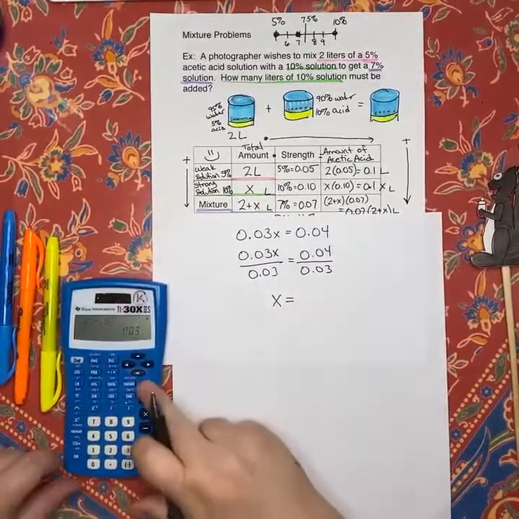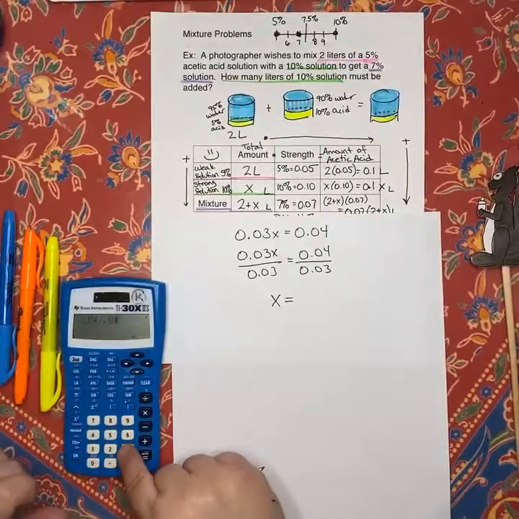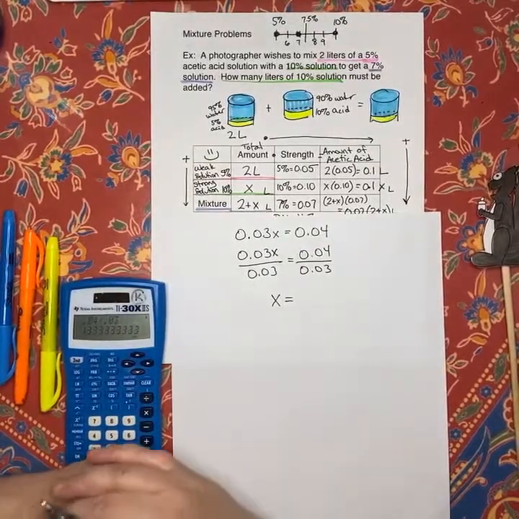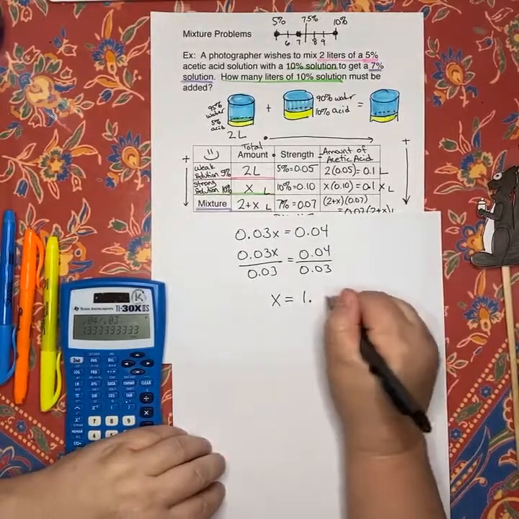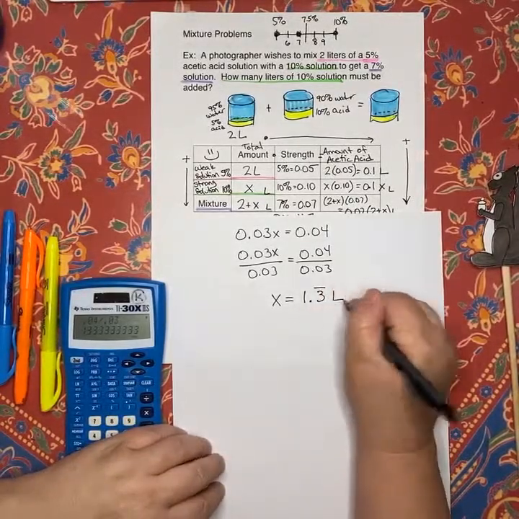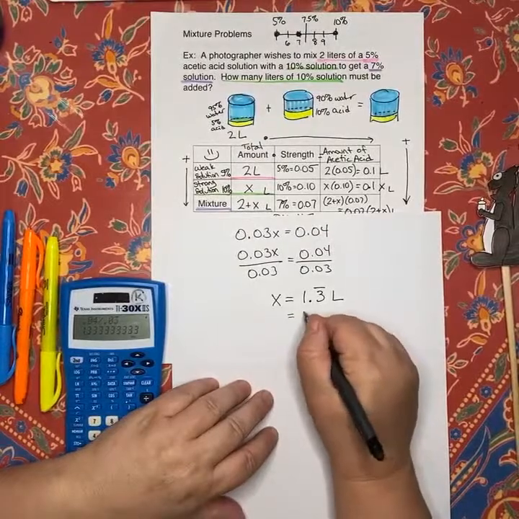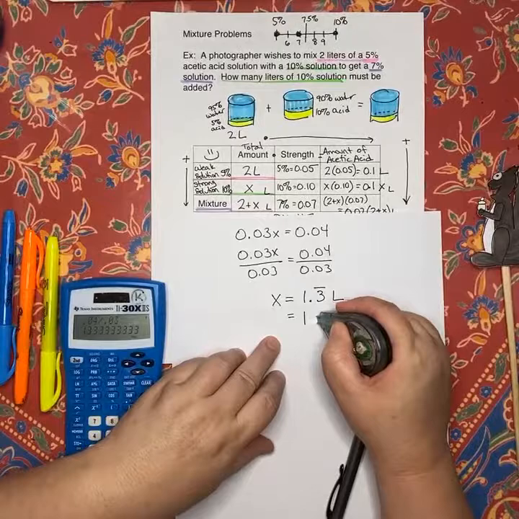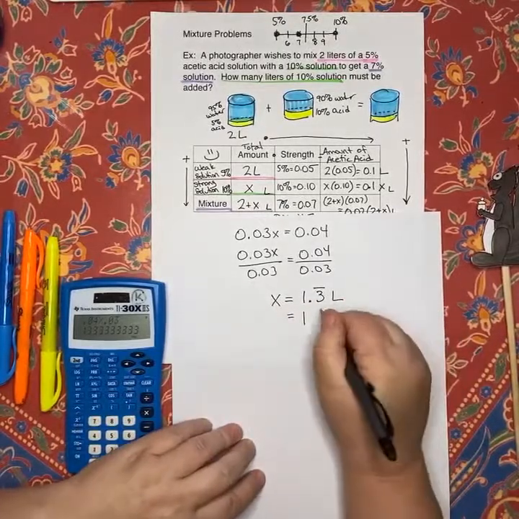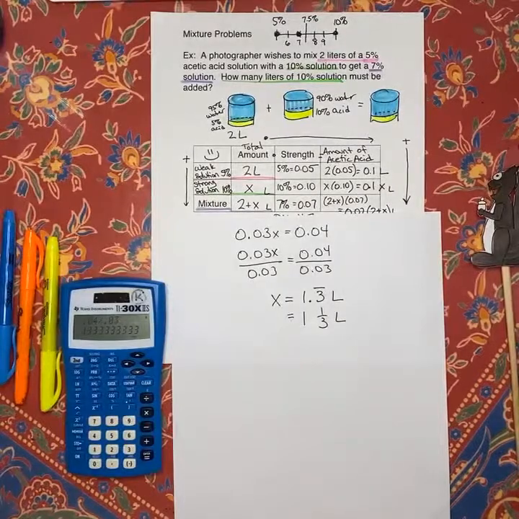X equals, and this one I'm not going to try to do in my head, 4 divided by 0.03 equals, oh no, 1.3 repeating liters. See that? It's 1.333. And I happen to know that that converts to 1 1/3 liters. So we've got another option.